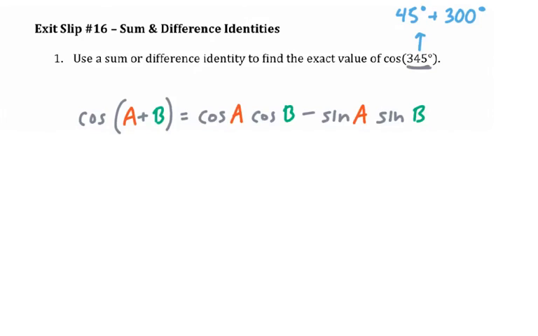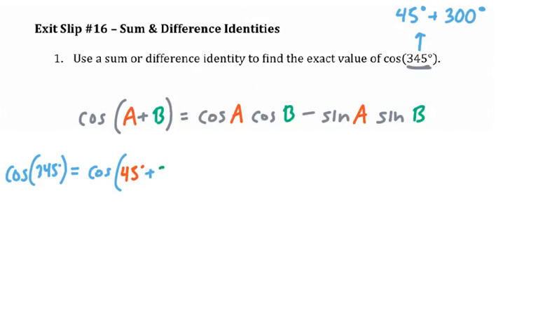So let's try using that as our way to rewrite cosine of 345. So we're going to say that cosine of 345 degrees is the same as cosine of 45 degrees plus 300 degrees, and the order here doesn't matter.